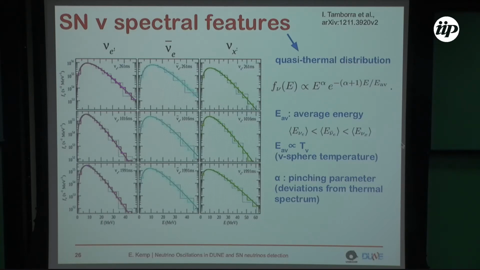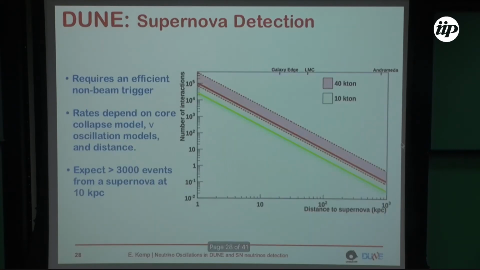So you can have a more narrow spectrum, which means that you have larger values of alpha, and for small values of alpha, you have a wider spectrum.